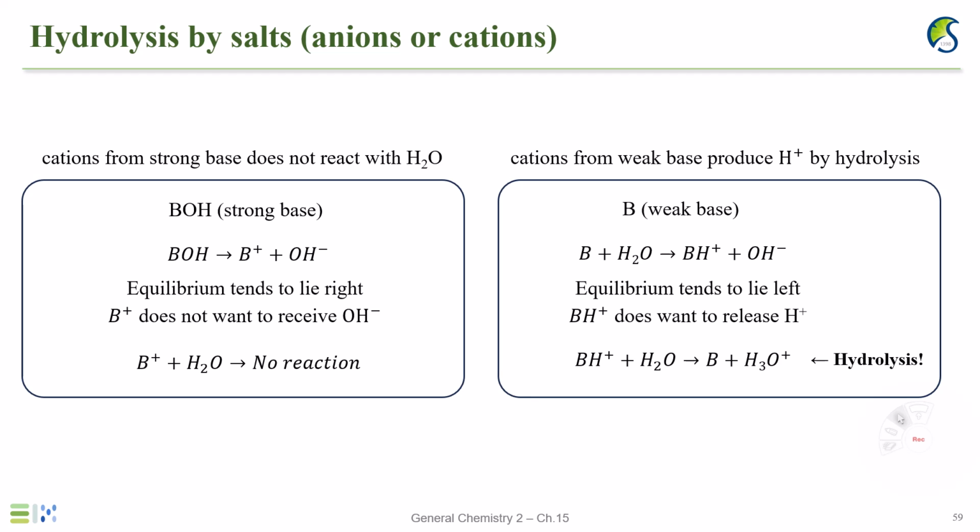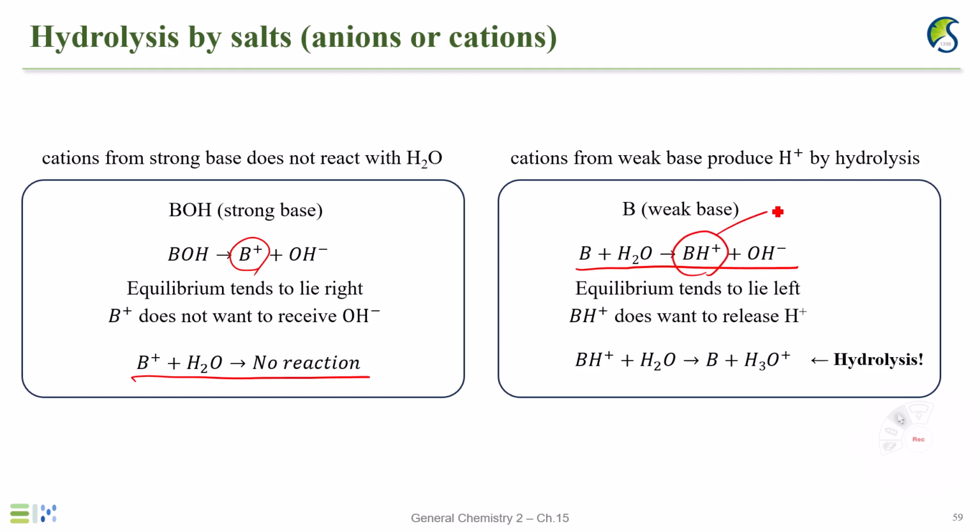And this same thing can be extended to bases, where you can compare a strong base and a weak base. Same as with acids, nothing special happens in the case of a strong base. If you put some strong base into water, almost 100% of it is dissociated into conjugate acid and OH minus, and nothing further is going to happen. So there are no reactions from this conjugate acid. But some materials are weak bases, which means the B generates OH minus based on this equation.